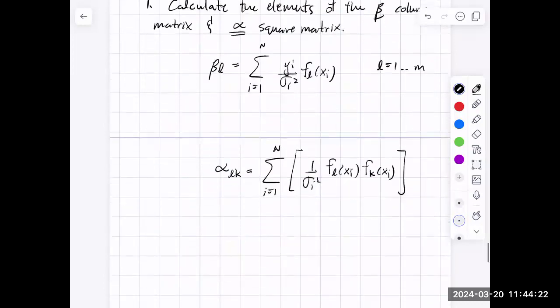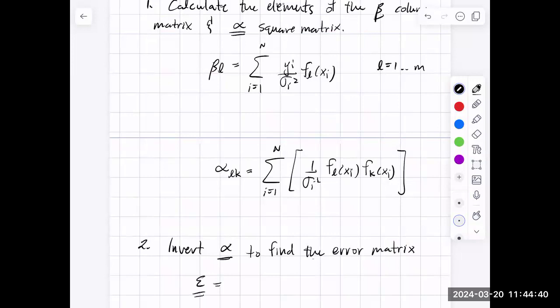Step two is to invert alpha to find the error matrix. So epsilon would be equal to alpha inverse.